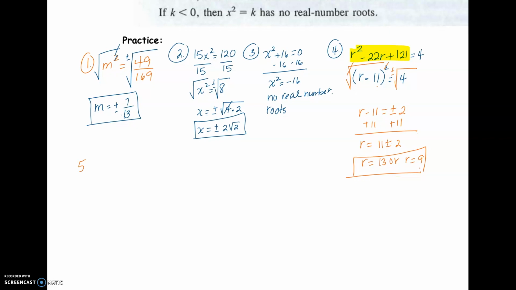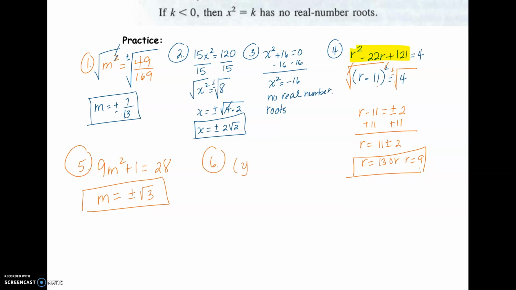I'm going to give you the answers, and you can see if you get those answers when you do it. Okay, so number 5, 9m squared plus 1 equals 28. Your answer should be m equals positive or negative square root of 3 when you do that one.